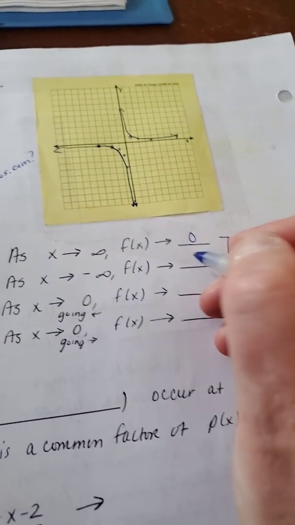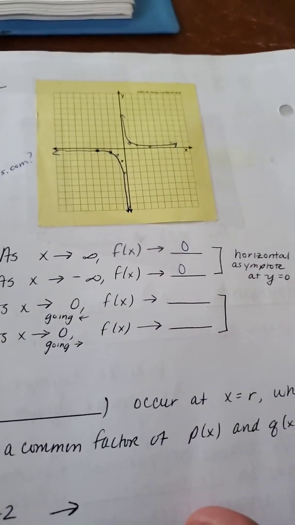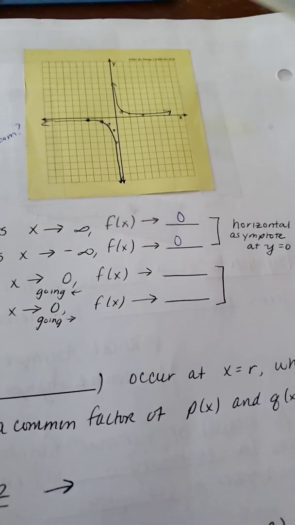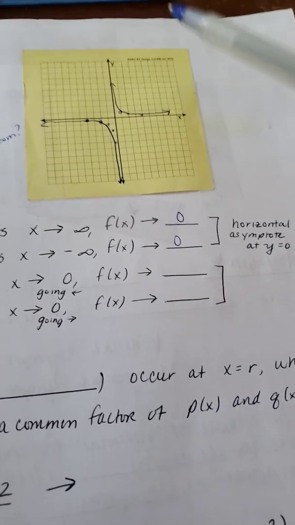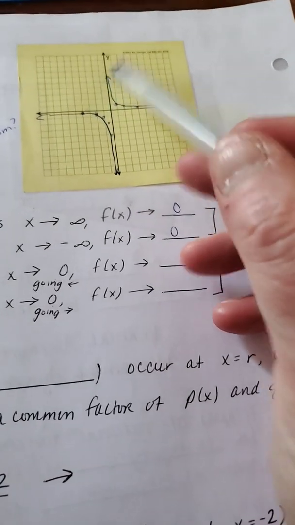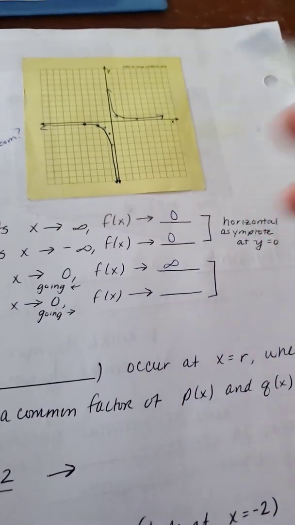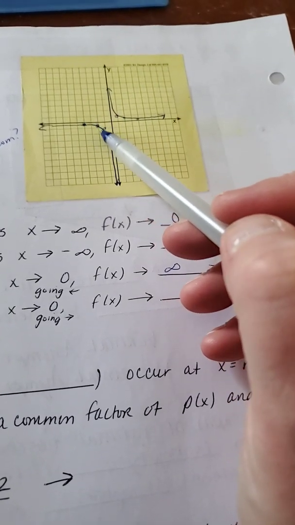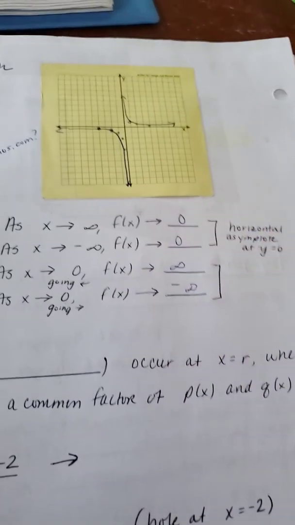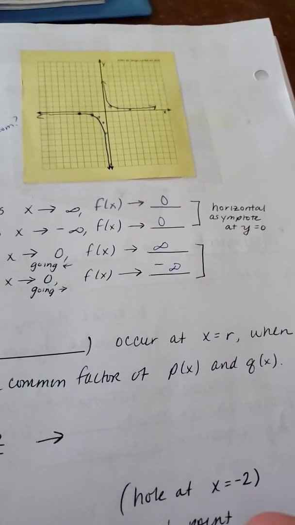F of x will also be approaching 0. And as x is approaching 0 coming from this side, f of x is approaching positive infinity. And as x is approaching 0 from the negative side, it's approaching negative infinity.